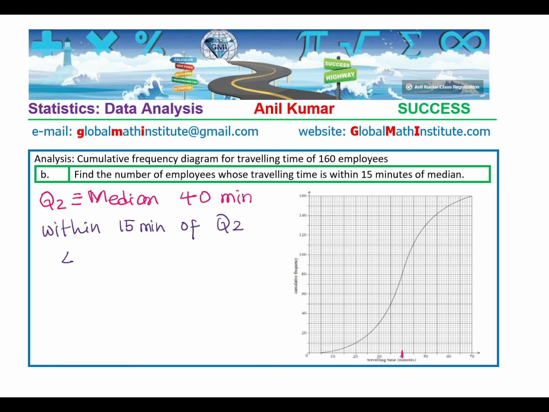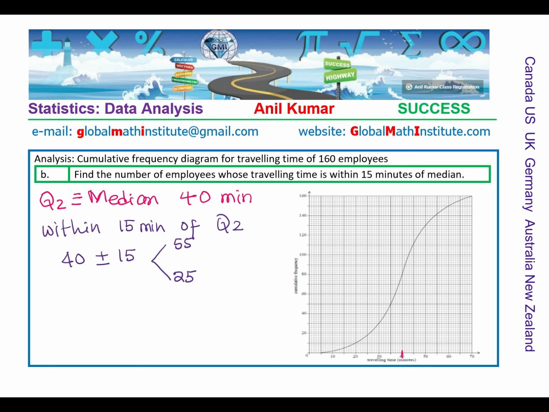That means the value is 40 plus or minus 15, correct? So that gives you two values. So if you add, you get 55, and if you subtract, you get 25, correct? So the values which we are interested is from 25 to 55, right?